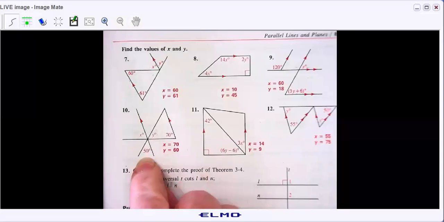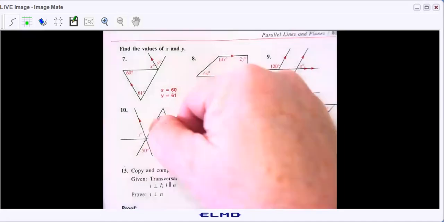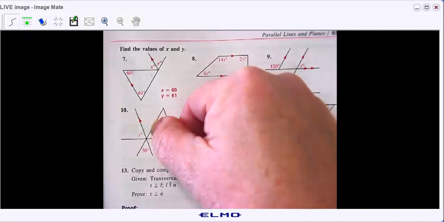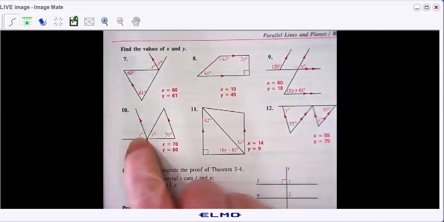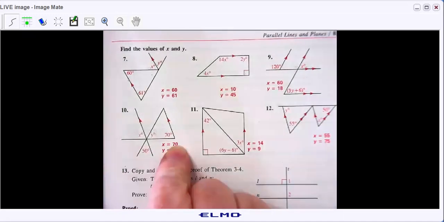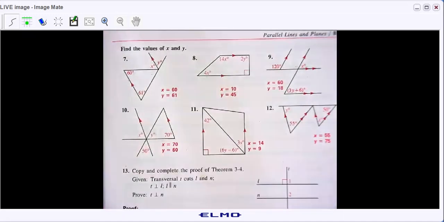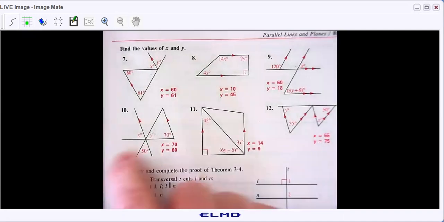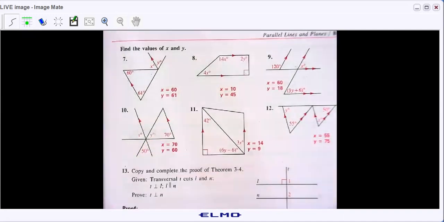But the only real thing we can do with it is we can use it as a vertical angle. So we could put it up here. That little empty hole is 50. So now we have a 70 and a 50. But yet I have a straight line, so I know that they're equal to 180. Okay, so you can solve for y that way.